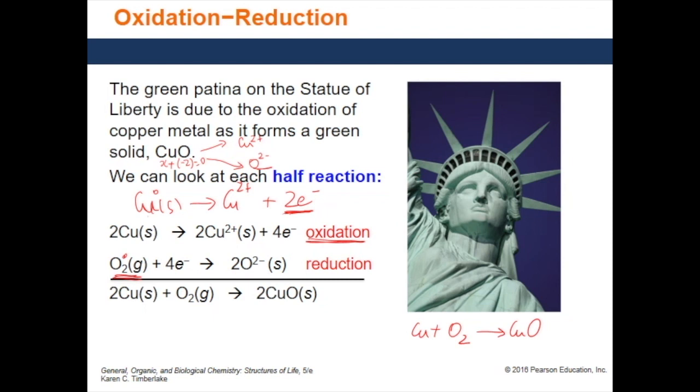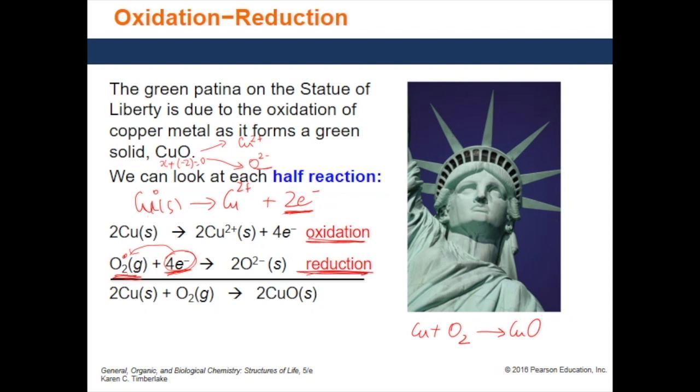So now what is happening here? The charge of 0 is changing into negative, which means electrons are being added to this oxygen. Each oxygen atom is taking 2 electrons, which would mean a total of 4 electrons are being used, because oxygen gas has 2 atoms of oxygen. So this is addition of electrons, so it's called reduction.